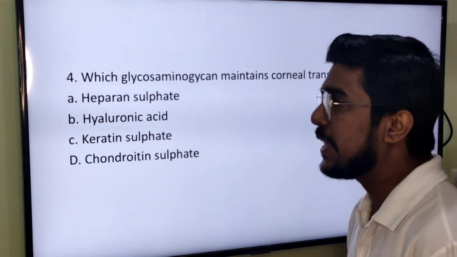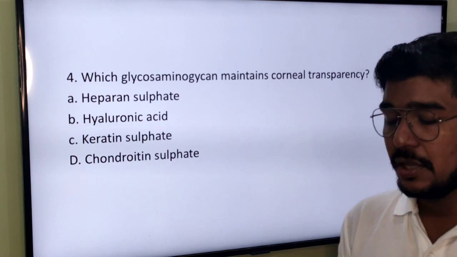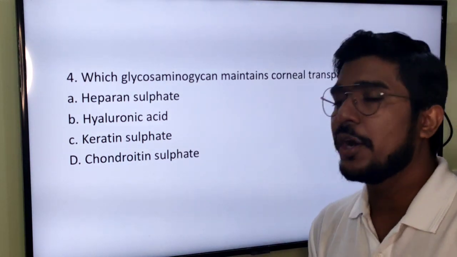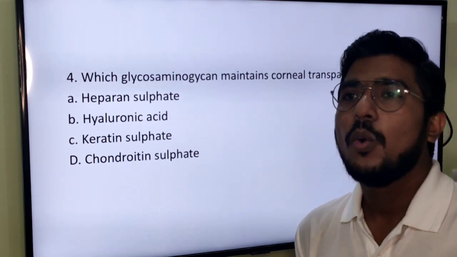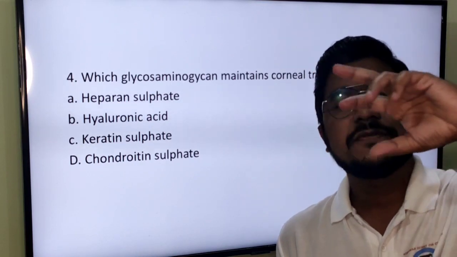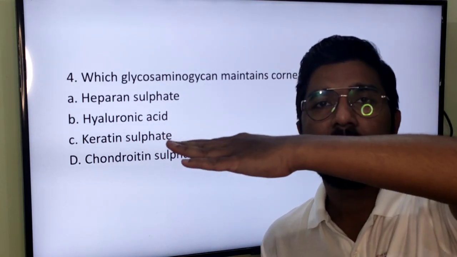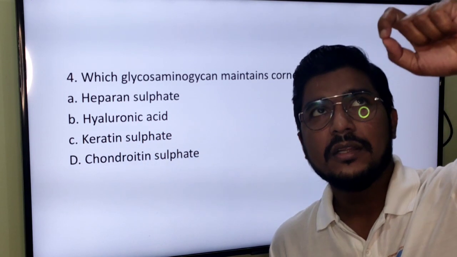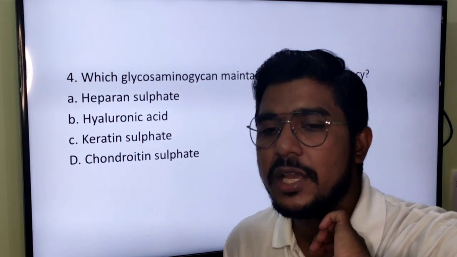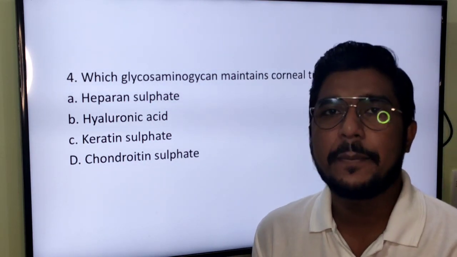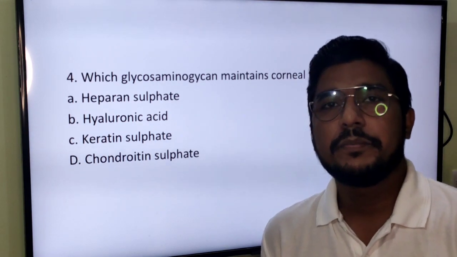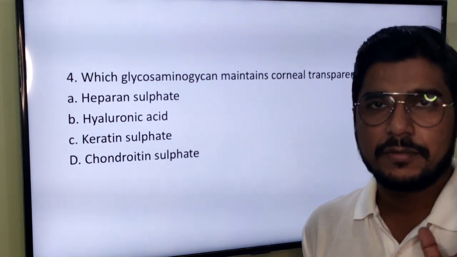Which glycosaminoglycan maintains the corneal transparency? See, there are so many things which are important for maintaining corneal transparency. What are those things? Somebody says that in the stroma, the fibers are very much parallel, so the light which is coming interacts there, a negative interference will take place, and it will act as if there is nothing in between.